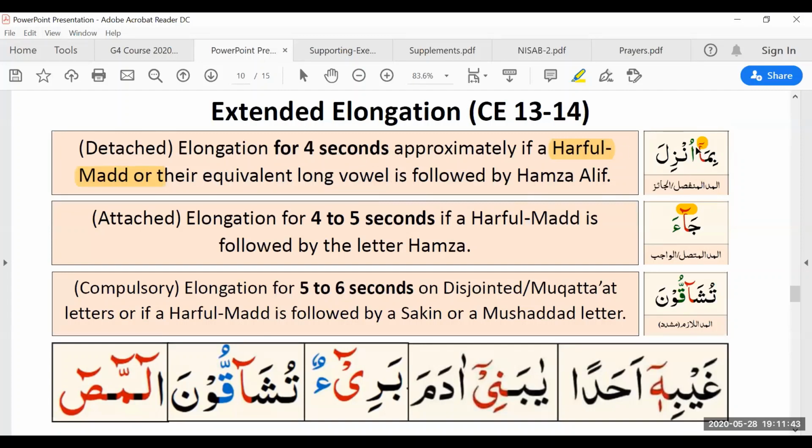We know that the equivalent of alif is the vertical fatha. And if the start of the second word is hamza alif, so an alif with a stroke, it could be fatha, kasra, or dhamma, but in this case, it's dhamma. So in al-maddul munfasil, we elongate for 4 seconds.